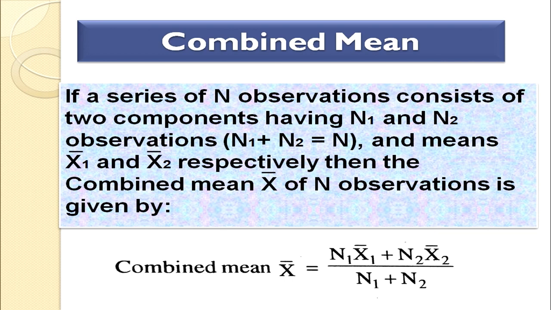Then the combined mean can be calculated as n1 into mean of first plus n2 into mean of 2, divided by the total number of observations of the two components, that is n1 plus n2.